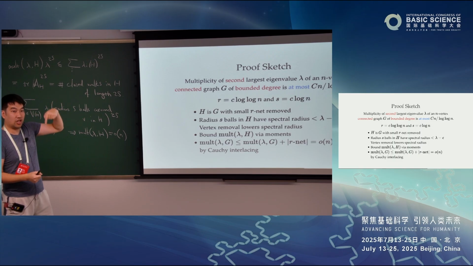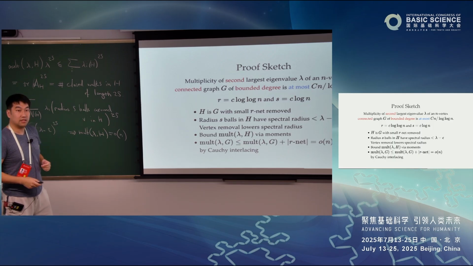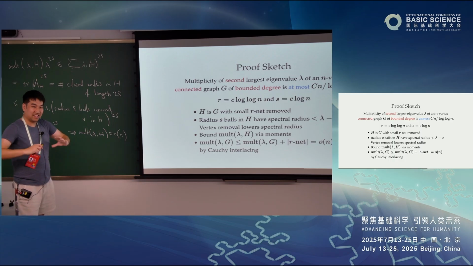Hence this results in a drop in the spectral radius of these balls. Roughly speaking, that's the spirit, and that's what connects to the removal of vertices. That's right. Yeah, this is really crucial in this kind of estimate.